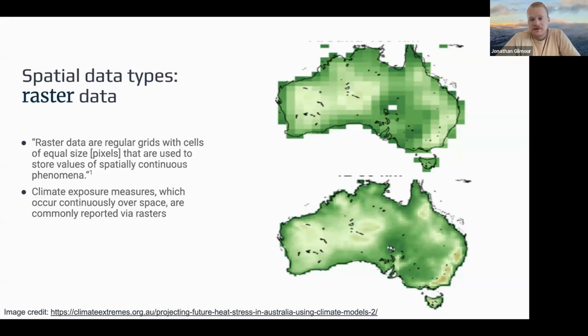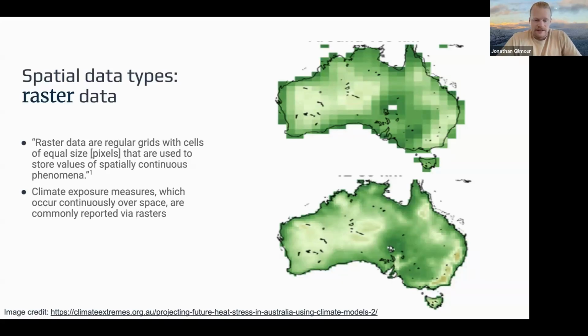If you think about a JPEG picture, this is also a raster, actually. It's composed of pixels, and each pixel has a value. And so we've all probably seen rasters that are visualizing some form of data.